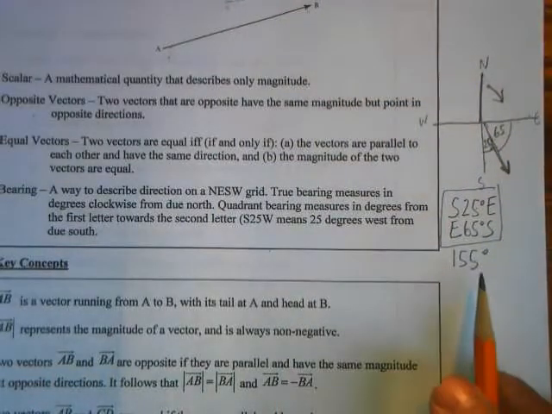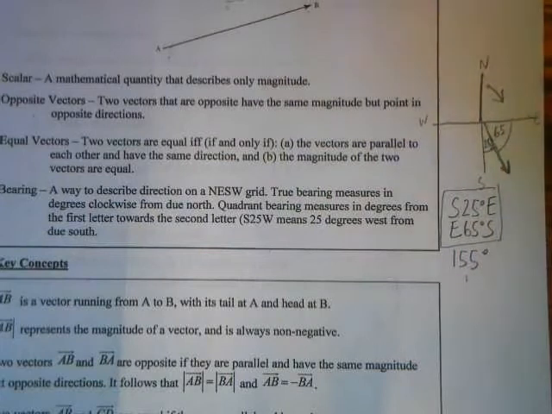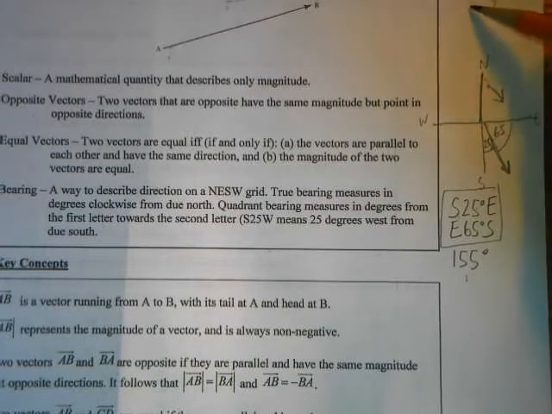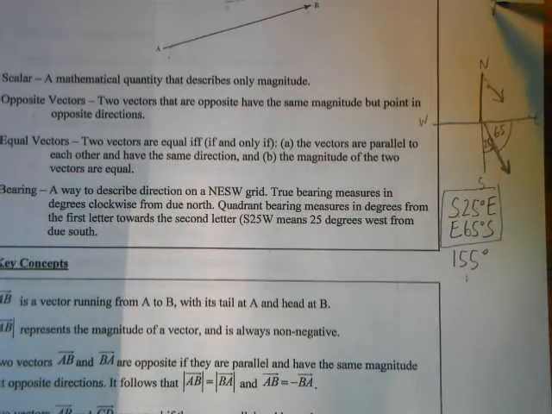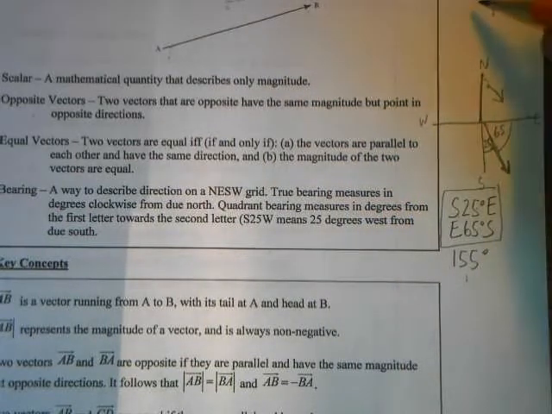Now, one thing about bearing, if I had a bearing of say 9 degrees, you'd probably be tempted to put 9 degrees. This is a little quirky when we do bearing. They always want to have 3 digits. So if you have some bearing with only 2 digits, they want to have one leading 0.